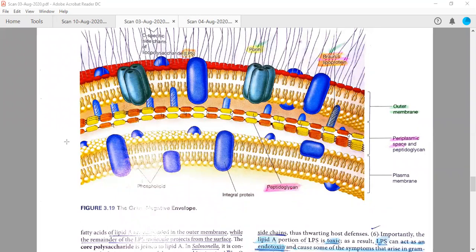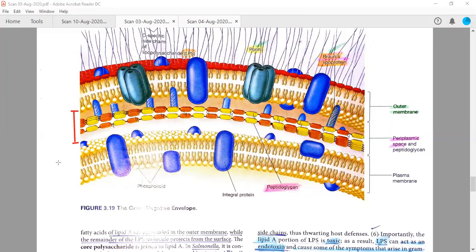So if you can see this, the gap between the plasma membrane and the outer membrane, this gap is actually called periplasmic space.